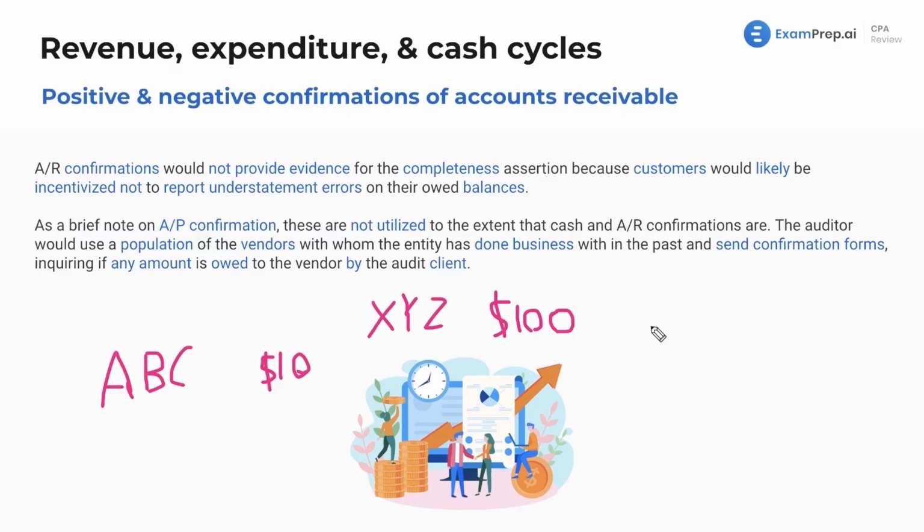And as such, you as the auditor, any common vendors that they usually work with, you can send confirmation forms and say, hey, is this what they actually owe you? Do they owe you more? But if the client decides to exclude a bunch of vendors from their AP listing, you can't really find them, right? It's not like you would have a complete listing to actually sort through.